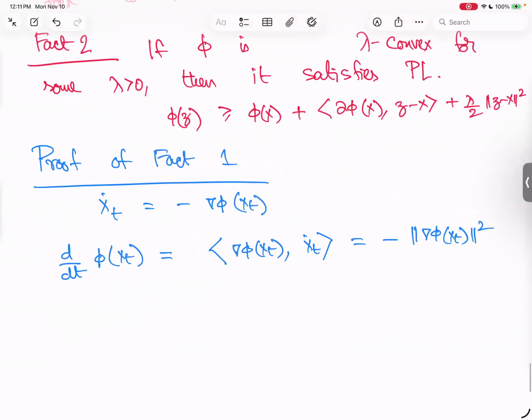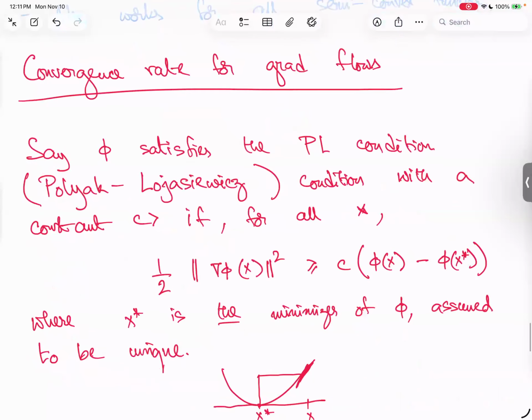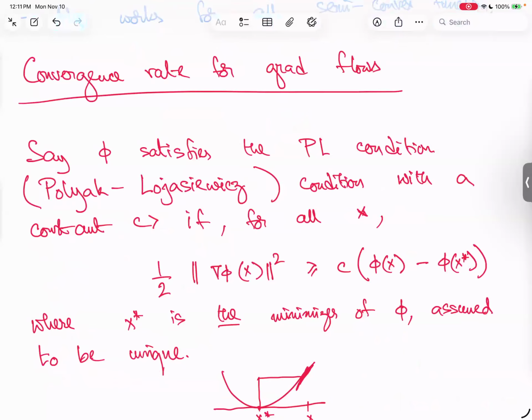At this point, I apply the PL inequality. So what was the PL inequality? It's over here: the gradient of phi of x norm square is greater than or equal to twice c times phi of x minus phi of x star.